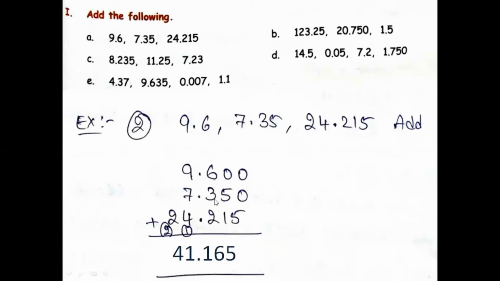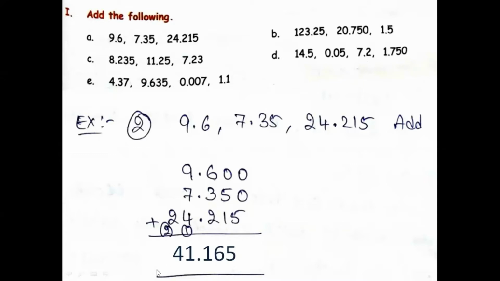3 plus 2, 11. 1 carry. Write 1 down. Next, 9 plus 7 plus 4 plus 1, 21. 2 carry. 1 write down. 2 plus 2, 4.